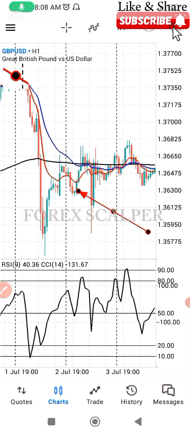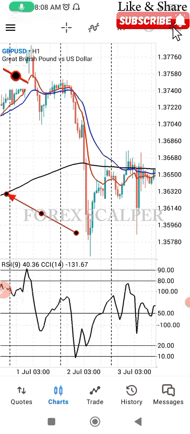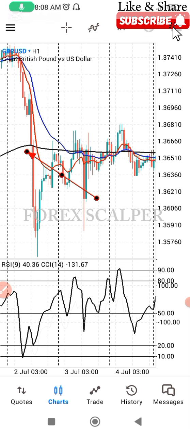Now, what are the uses of this moving average? The EMA 200, which is this black moving average line you are seeing, is used to determine the trend of the market. Remember, the trend is always your friend. So any trade you will make should be in the direction of the trend.